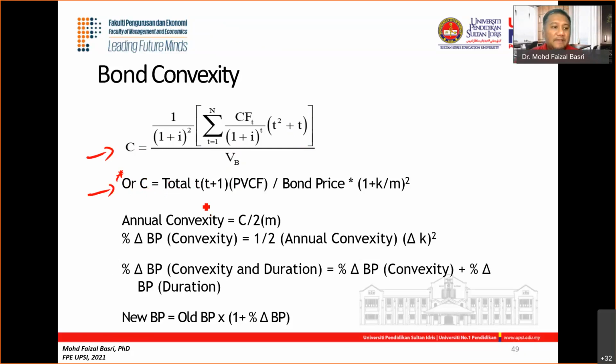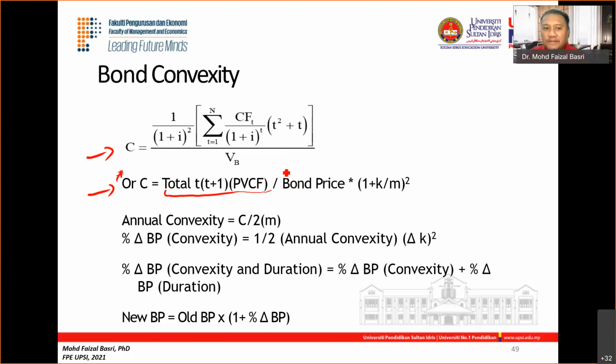Remember we have T or time times PVCF before. So we have PVCF, we have time. T is the time. So to find this part, remember we have the PVCF, like your friend asked just now, how to get the PVCF. So we have that table, we have the time. Therefore, we can extend this equation, T times T plus 1 times PVCF, as part of the formula. Later I will show you.